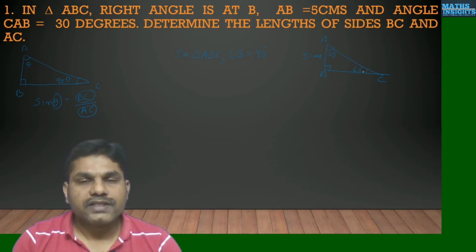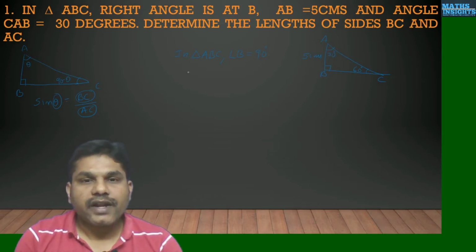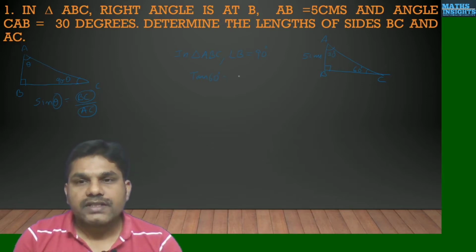So if I take 60 degrees, then I have to take a trigonometric ratio which involves the side adjacent to 60 and opposite. So you know the trigonometric ratio tan theta, that means tan 60. Tan 60 is equal to side opposite to 60, that means AB. This is the known side and the unknown side is the adjacent side.